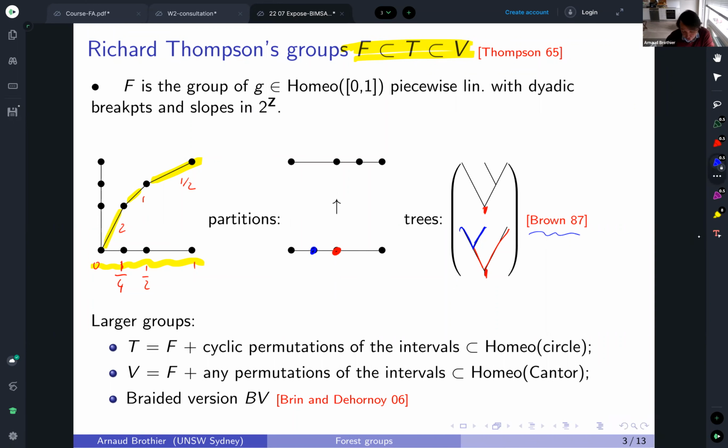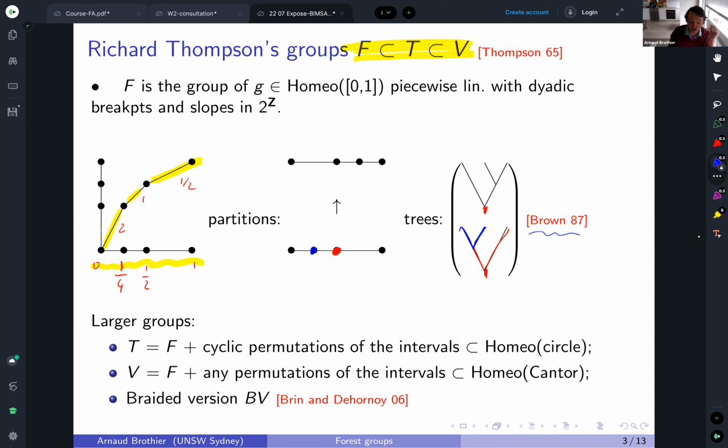Okay, and there are some larger groups. So that was F, and the T version is the same when you allow it to act on the circle. So you allow some rotation as well. Okay. And that corresponds to cyclically permuting the intervals here.